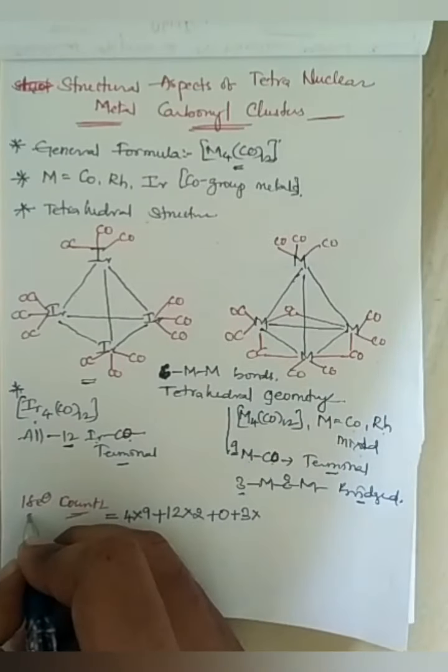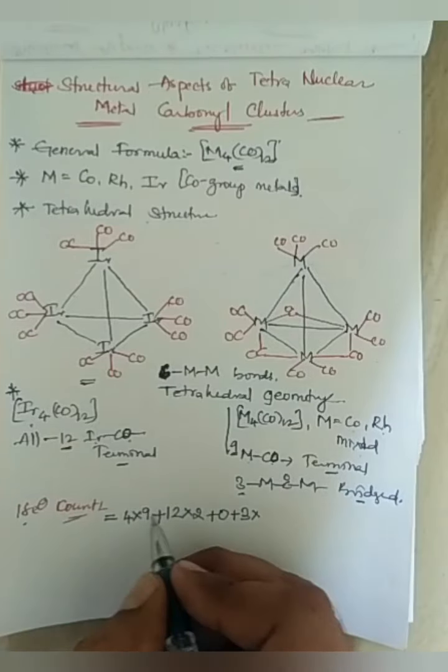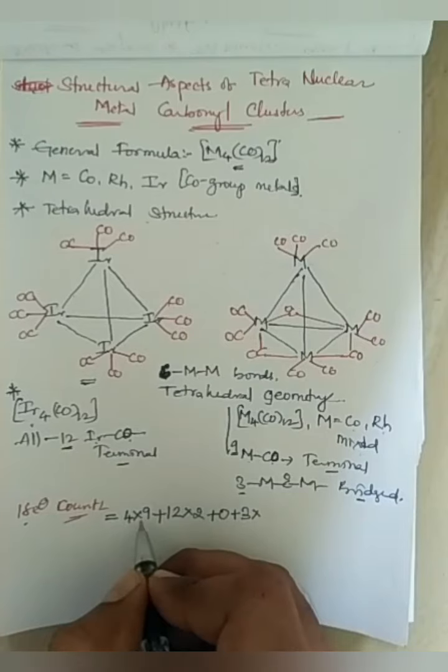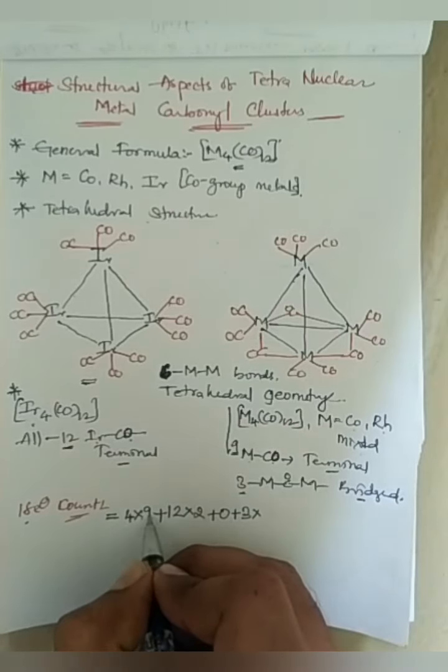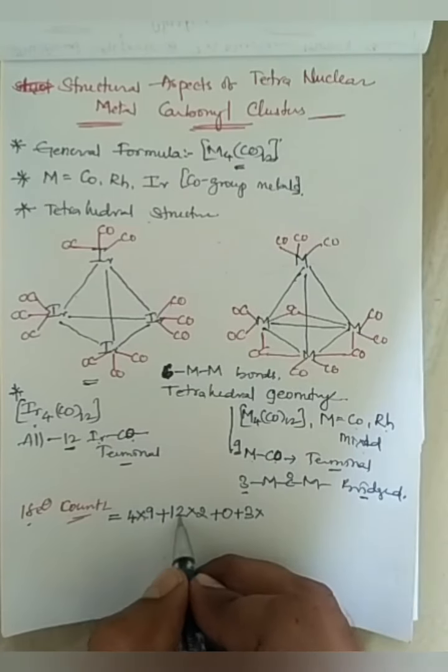Now coming to the electron count. The electron count is equal to the number of metals, that's 4, times the valency of the metal, right? Here the metals are all from the cobalt group, so they have a d7s2 electronic configuration in valency. It means they have 9 electrons, so 4 times 9, plus the number of ligand sites.